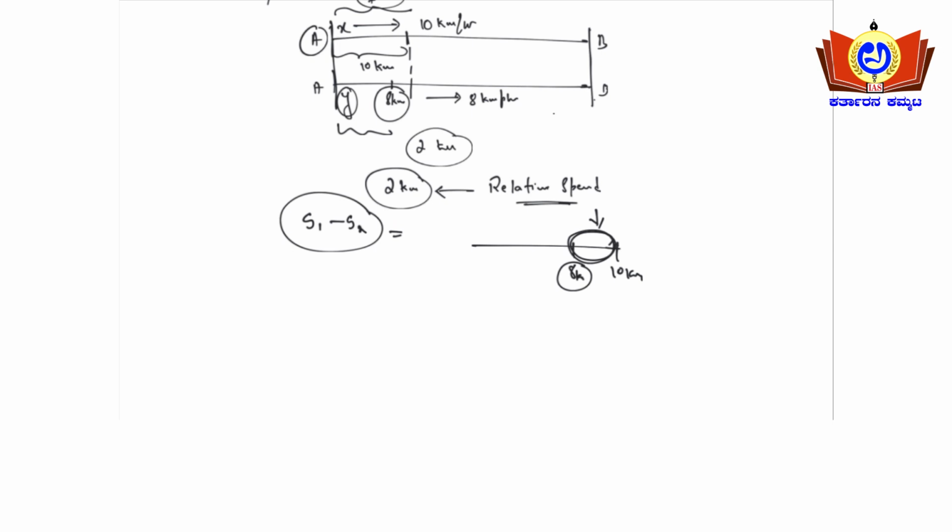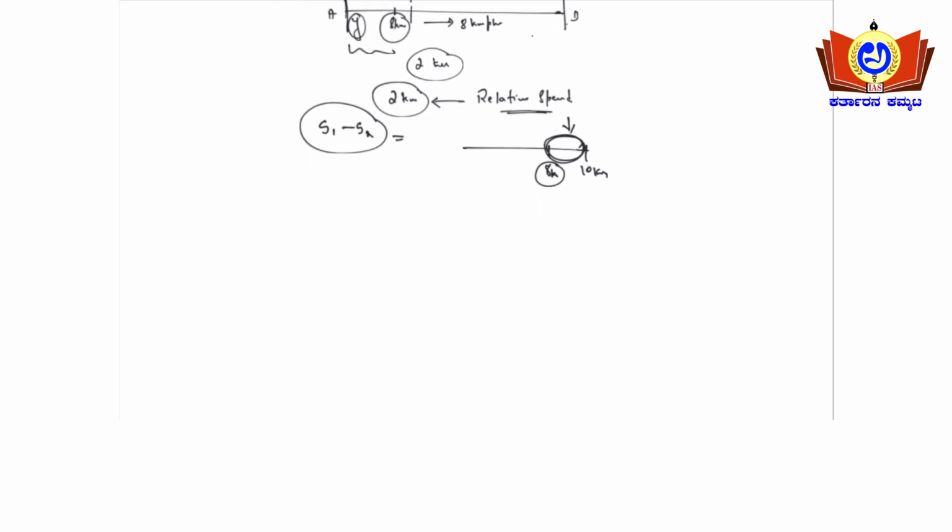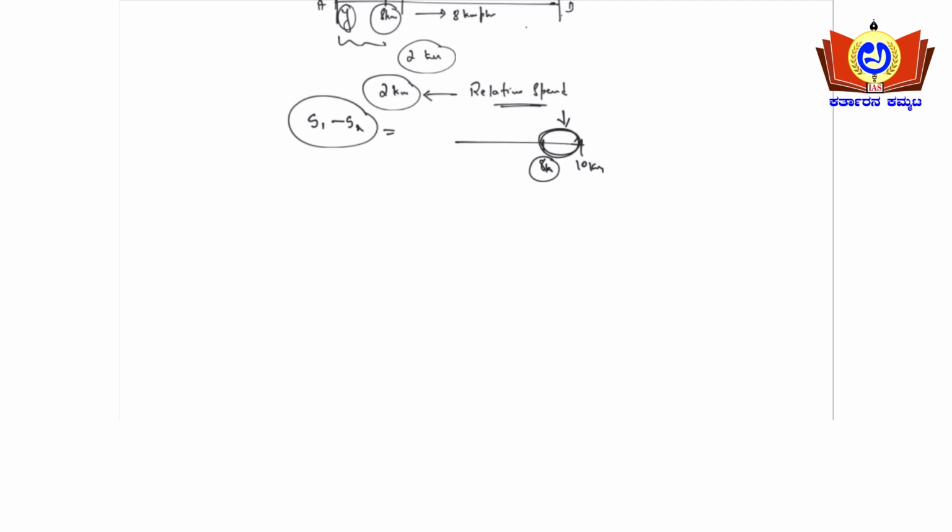What happens in the second case, if they are traveling in opposite directions? Person X is traveling from point A towards point B, and person Y is traveling from point B towards point A. If this is S1 and this is S2, then the relative speed, if they are traveling in the opposite direction, adds up.